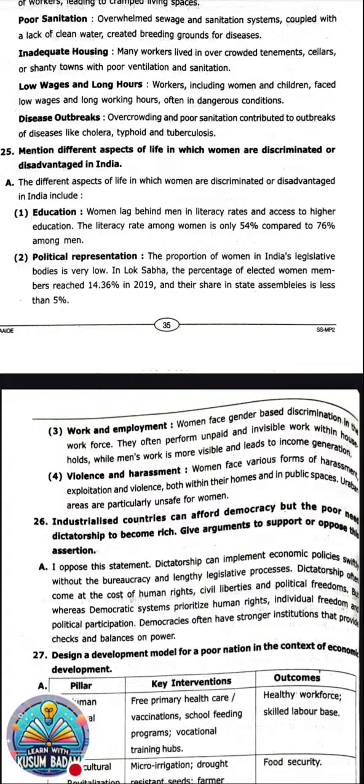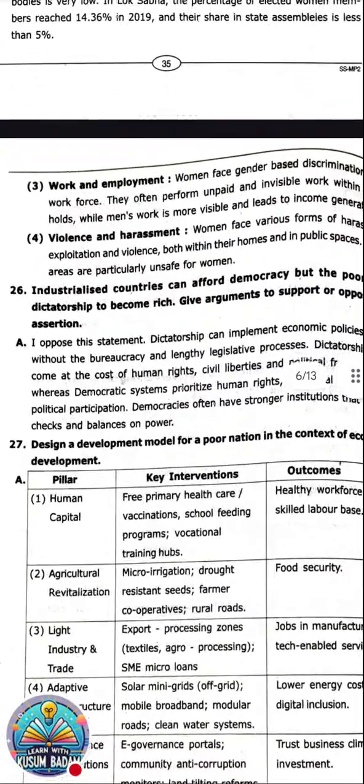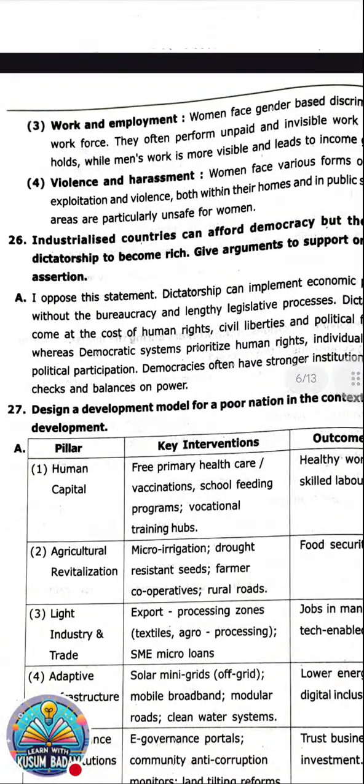Okay, let's continue. Now here, 26th question: industrialized countries can afford democracy, but the poor need dictatorship to become rich.